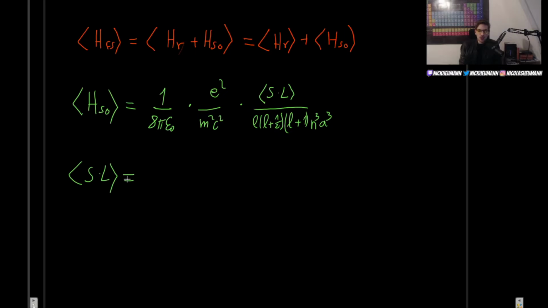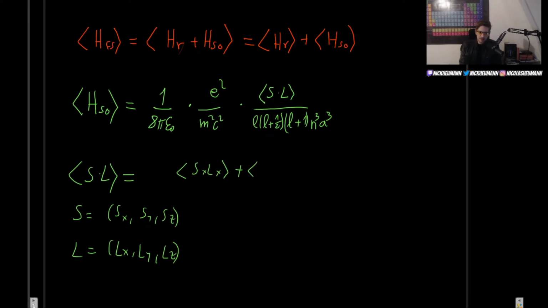But since we already picked a basis, we can write this out. So S is going to be Sx, Sy, Sz, and L is going to be Lx, Ly, and Lz. So the dot product of this is simply going to be SxLx plus SyLy plus SzLz.